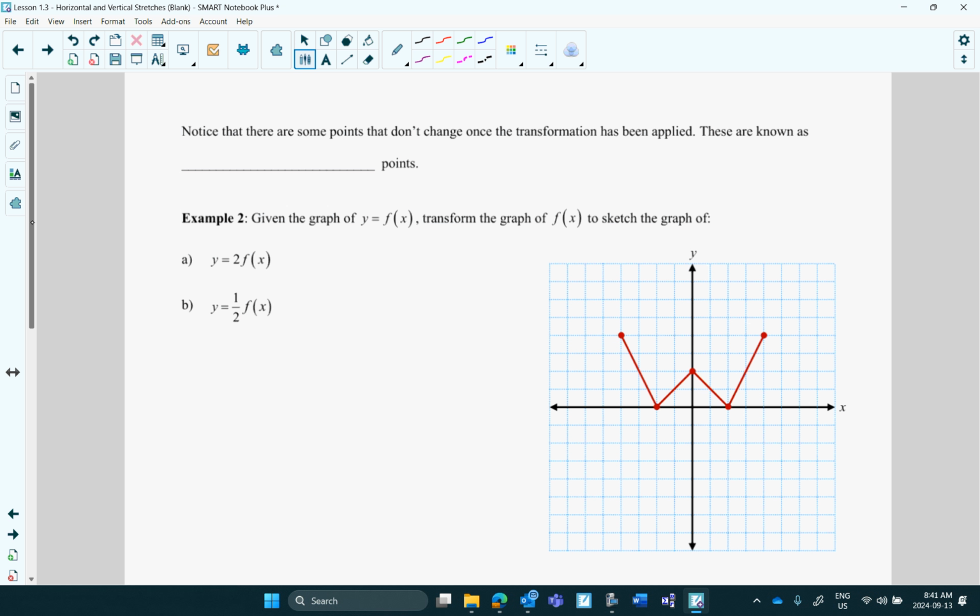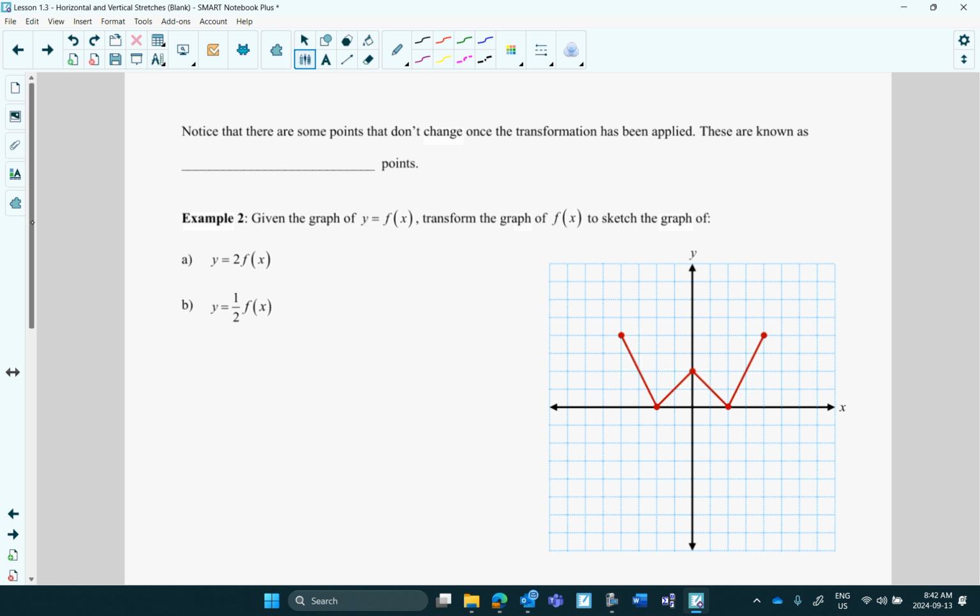Something that we didn't talk about last year, when you transform a function, some points will not move. They'll stay where they are. So we saw that on the previous page, what point didn't change? The origin, or (0, 0).